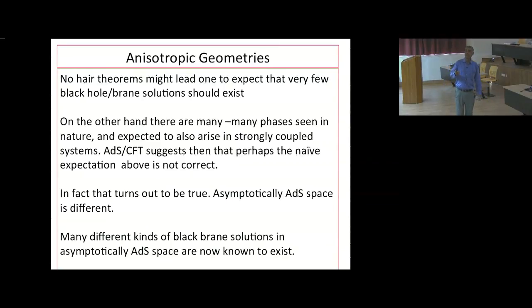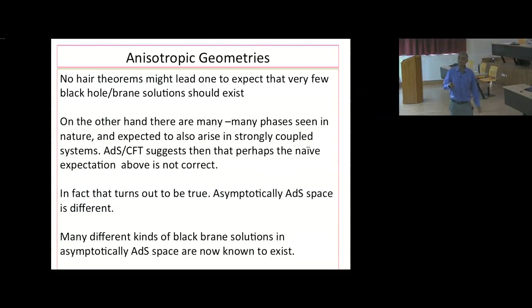On the other hand, of course, we know there are many phases seen in nature, and it's expected that many such phases arise in strongly coupled systems, and then AdS/CFT would suggest, if these phases have gravity duals, that perhaps this expectation from no-hair considerations is not correct.